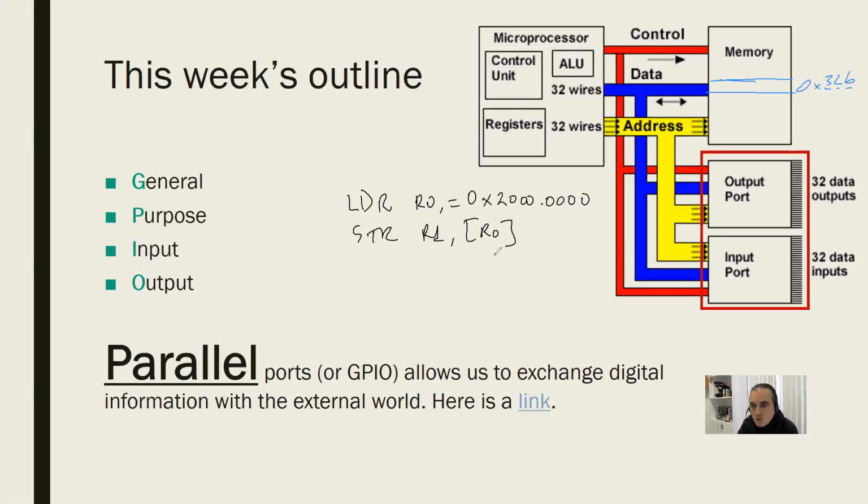What this code did was, well, there's a memory address, let's say it is, let's write that address. So let's say that this address has this location, so 20 million.